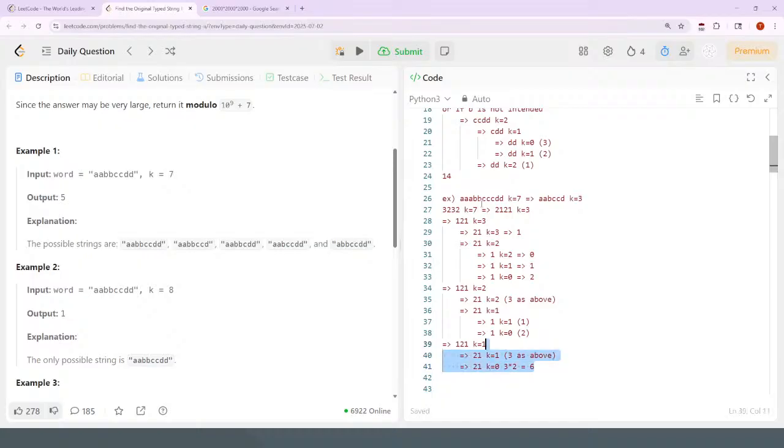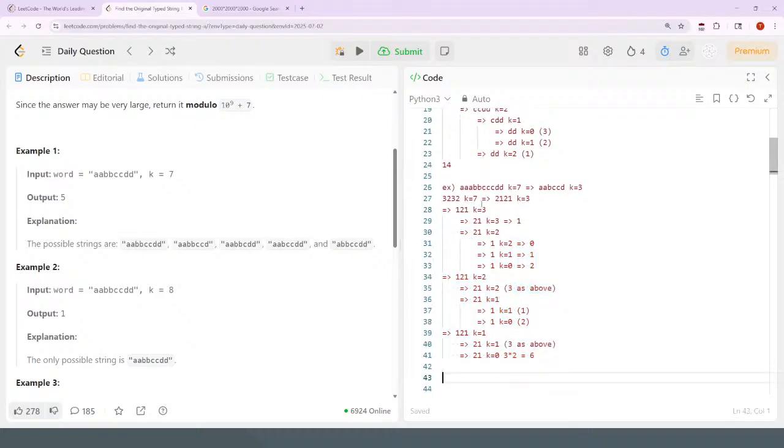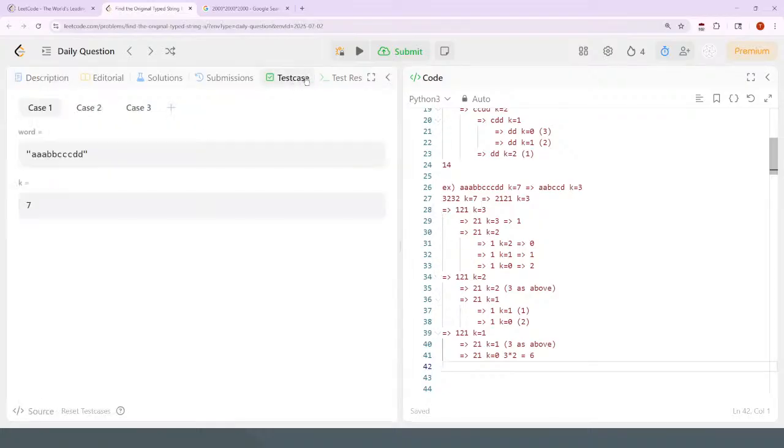So 6, 9, 10, 12, 15, 18, 19. I think this should have been 23. So that's fair.